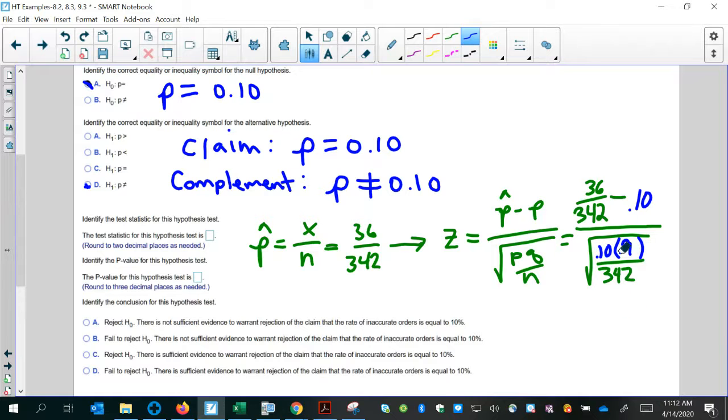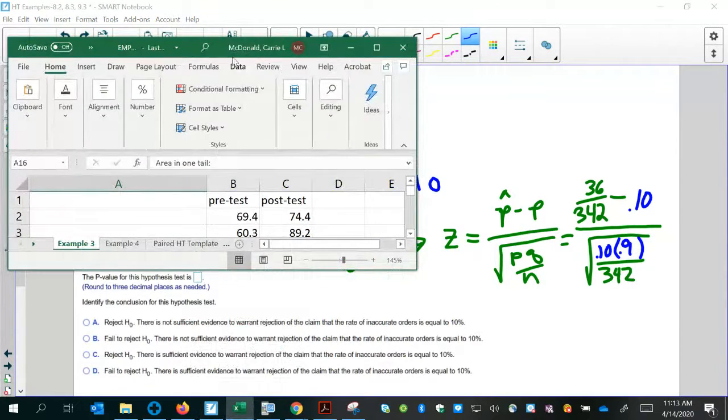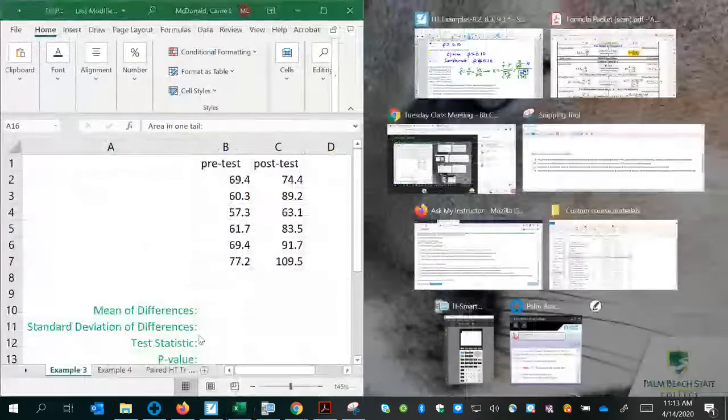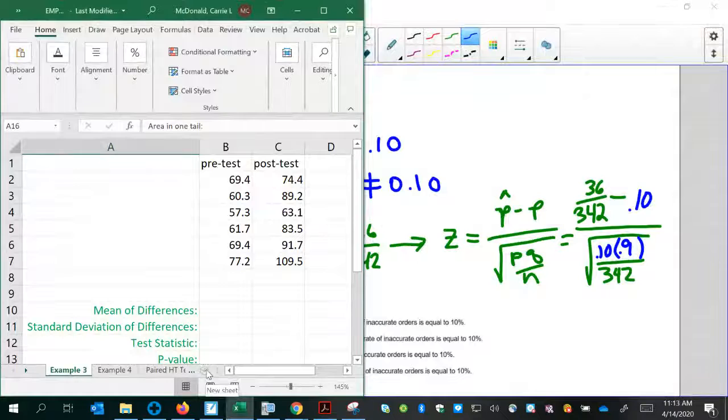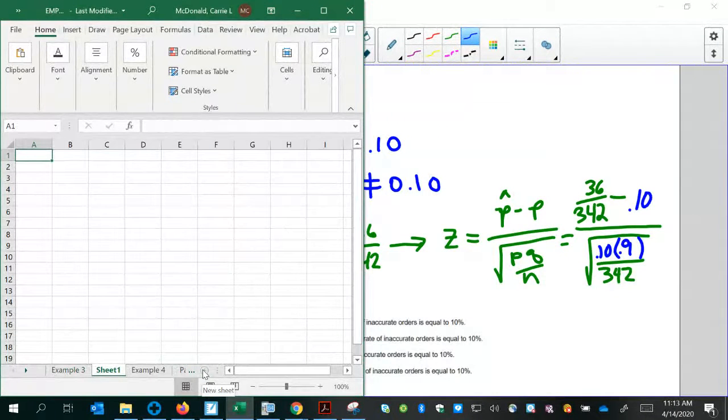So let's calculate this. You can use a calculator or Excel, which is basically a giant calculator. So we have, let's see, equals.